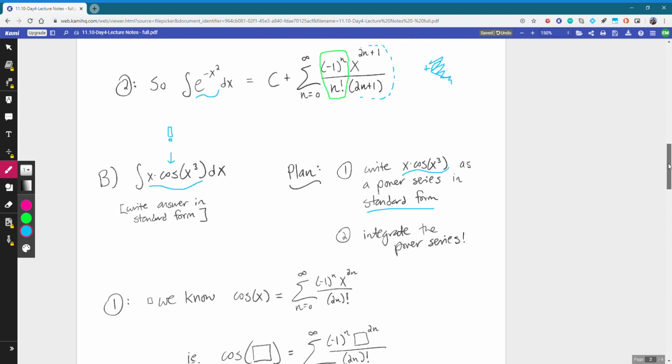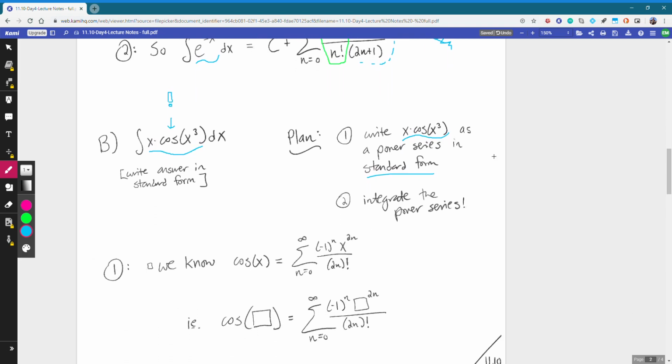And so just as a nudge, here is the formula for cosine of x. And so again, thinking about this in a general way, this is telling us that cosine of something is all this stuff with that something raised to the 2n power.